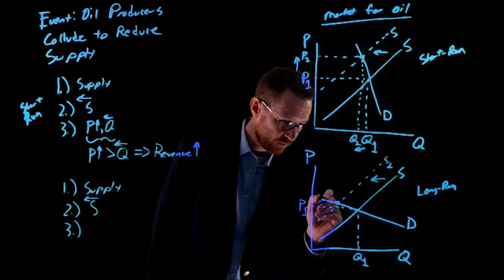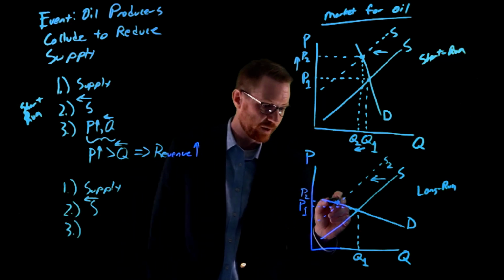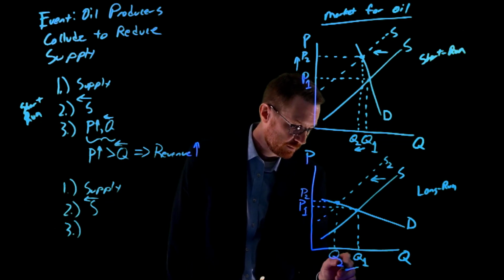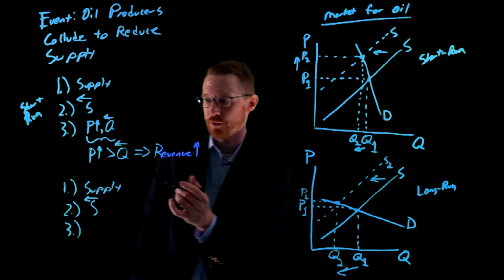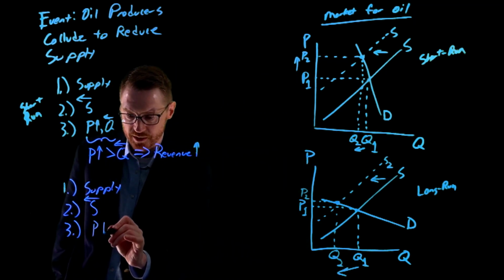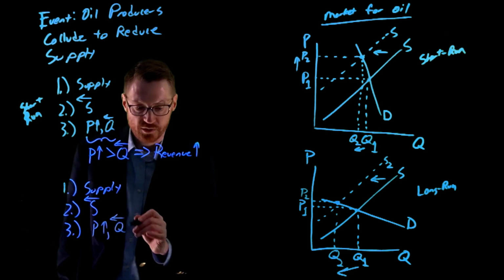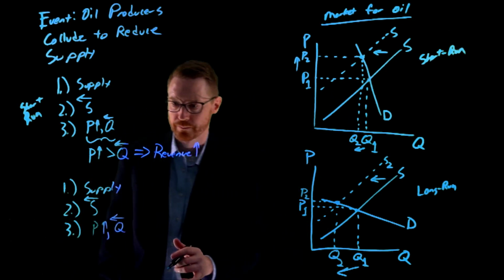So now what happened in the long run? Well, price didn't move very much, and quantity moved quite a bit. So what's our effect in the long run? Prices are still increasing, but quantity is decreasing much more than in the short run.